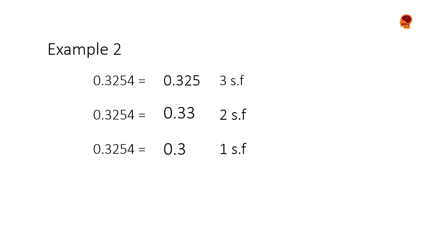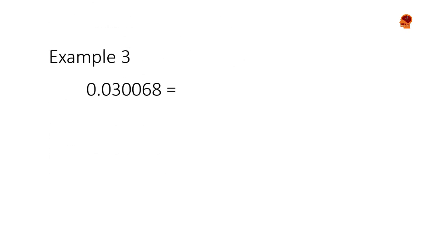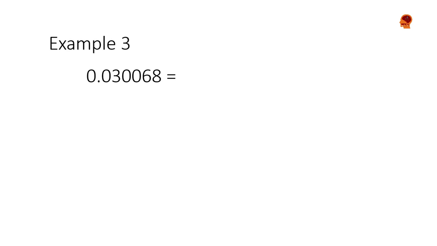Another important thing to note is the issue of zeros in between figures. Now in practice, zeros that are found in between non-zero significant figures are counted as being significant. Now let's explain this with this question.